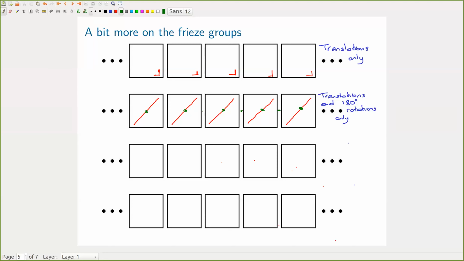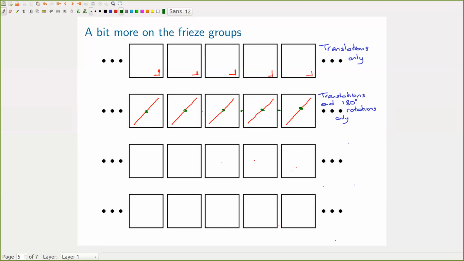So here we've got to produce a picture where the decoration on each tile is something that is preserved under reflection in that blue line which goes along the center of all the tiles parallel to the direction of the frieze itself. And again, the blue line is not part of the picture of the frieze here.